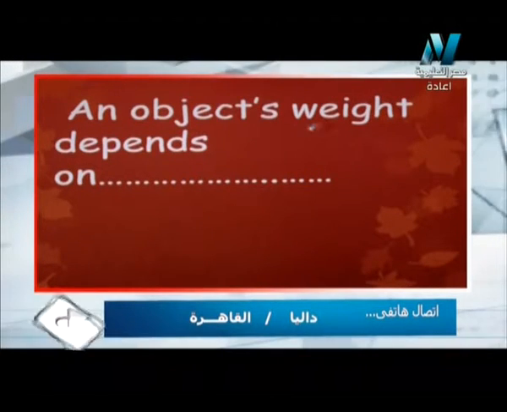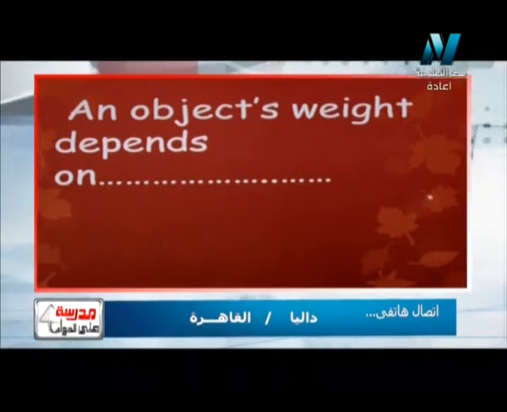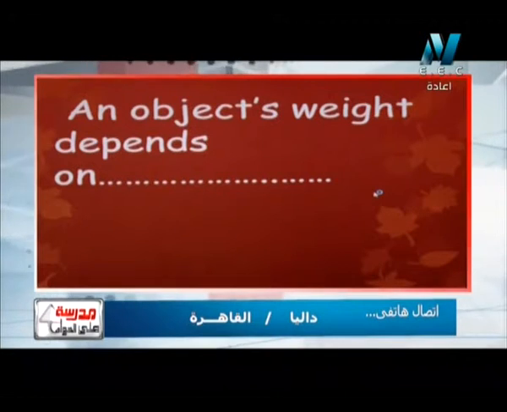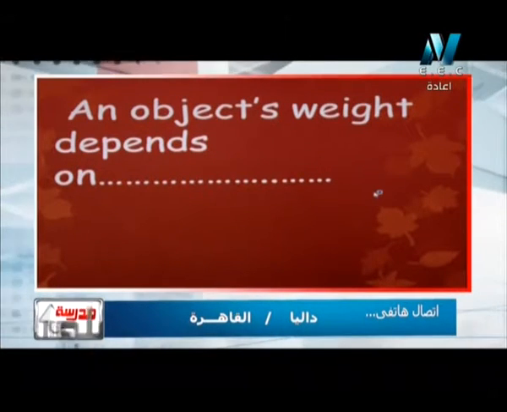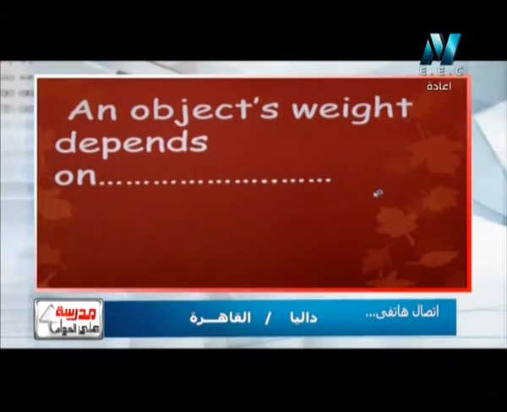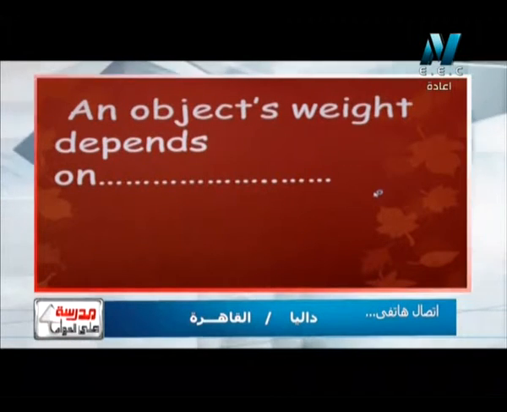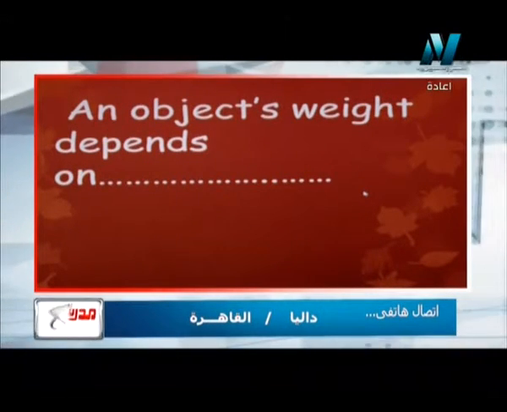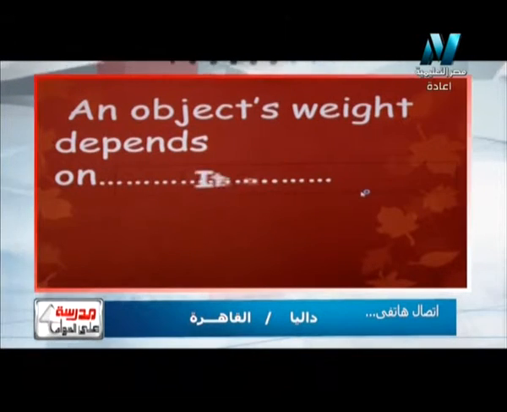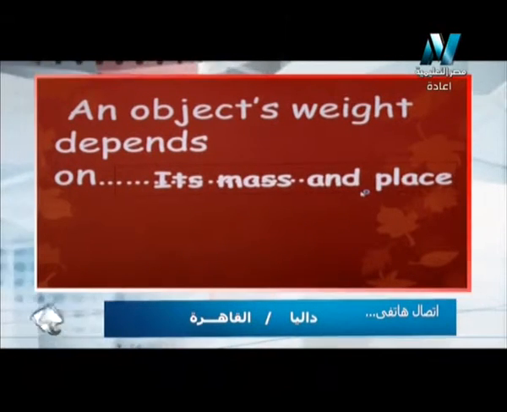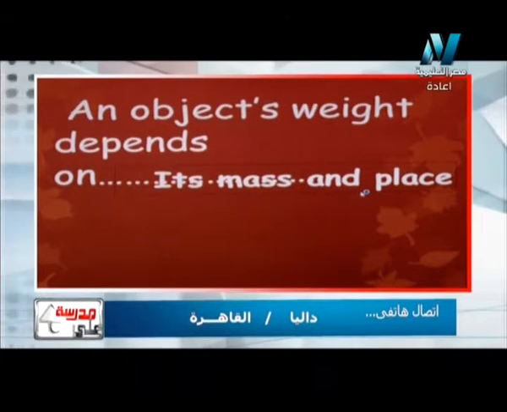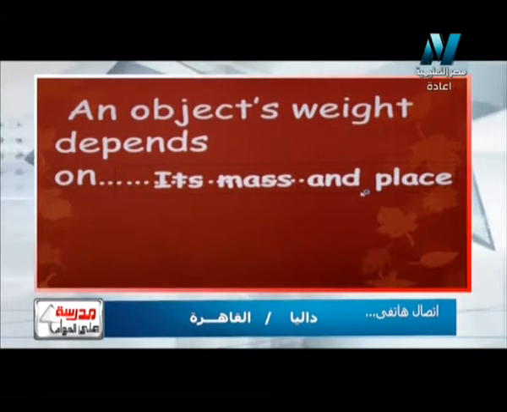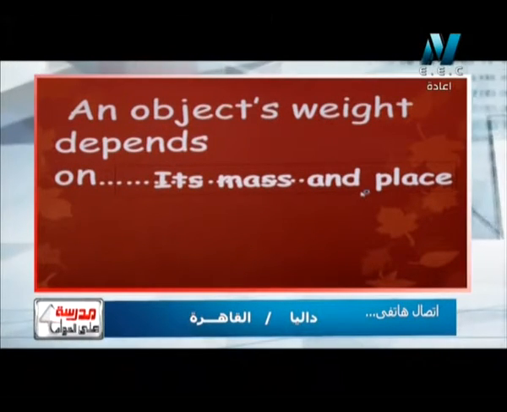We said that mass doesn't change but weight changes, or not? It changes. Okay, and what changes? Change the place. Yeah, so the answer will be mass and the place. So we can say that an object weight depends on its mass and its place.